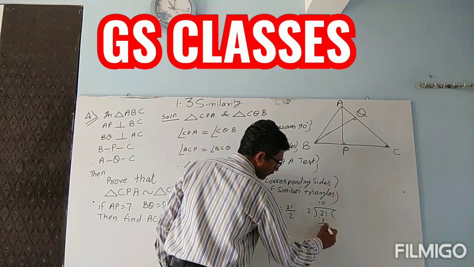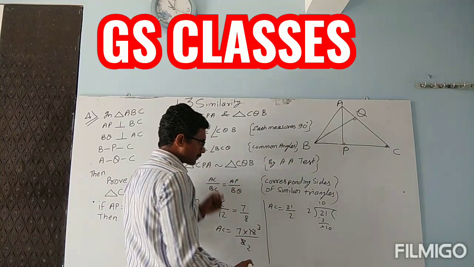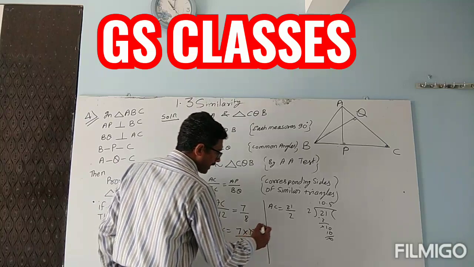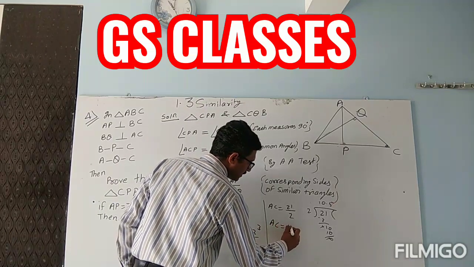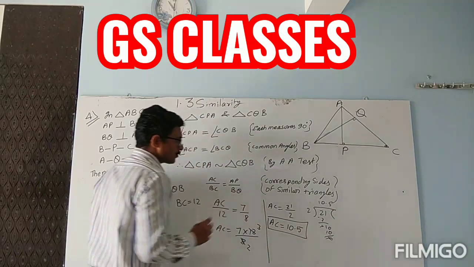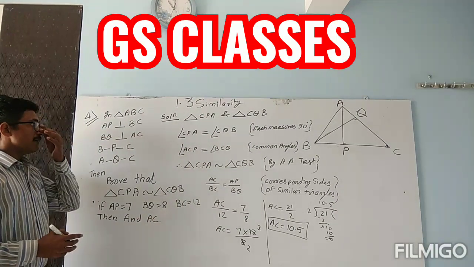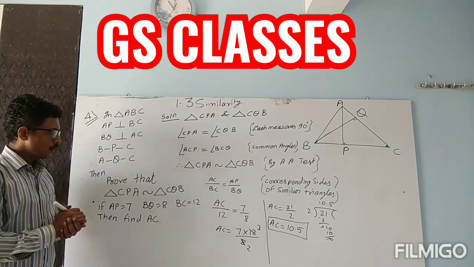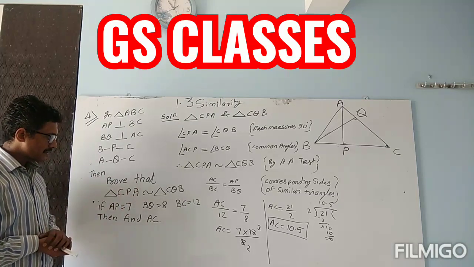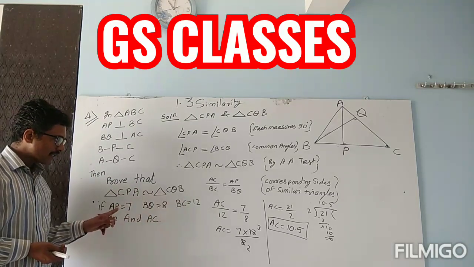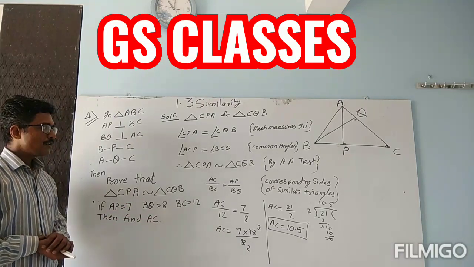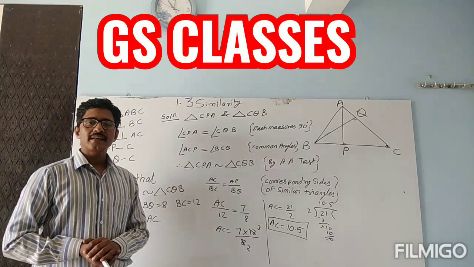Take 0. Now 2 fives are 10. So the answer here is AC value is what? 10.5. So children, here they asked you to prove that two triangles are similar, and after that they gave the values of other sides and asked for side AC. So see you children in the next question.